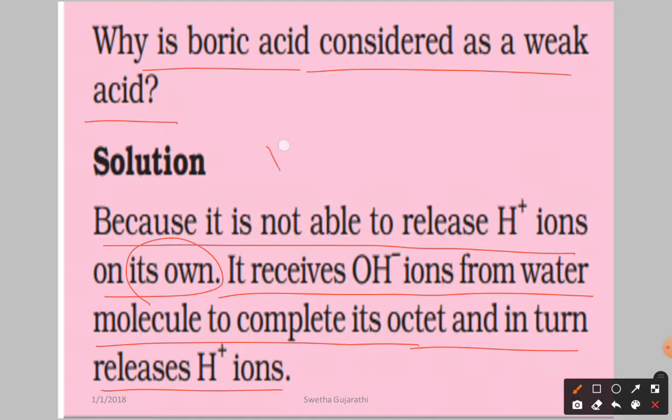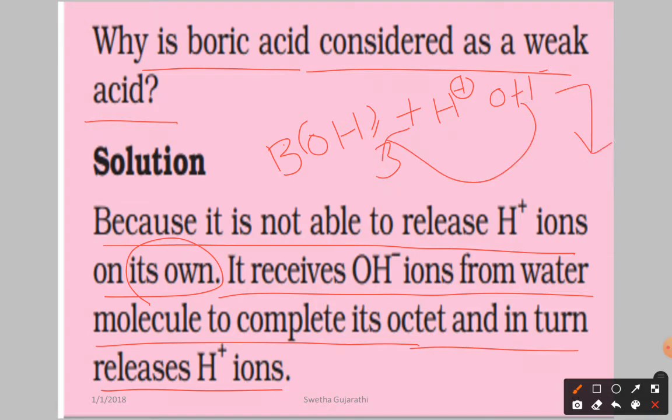So here we have boric acid. You can write the formula as B(OH) taken thrice also. In reaction with water, from water you are going to get H plus and OH minus ions. This OH minus is going to be taken up by it, so it is called an acid. It converts into B(OH)4 minus, satisfying its octet and giving the H plus ions.